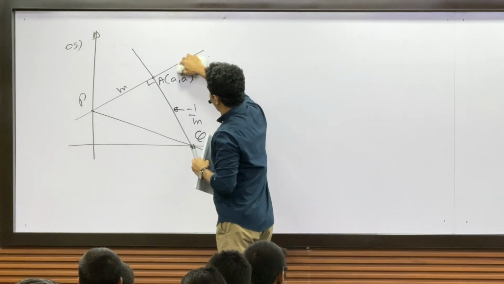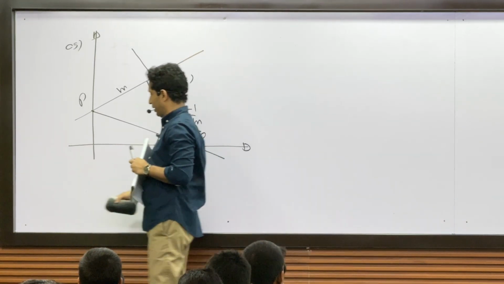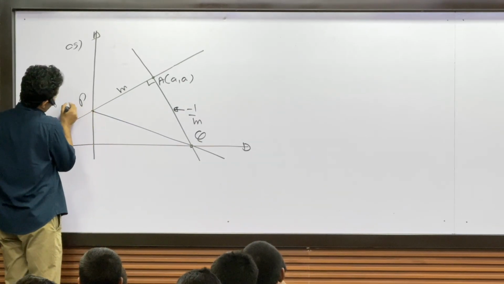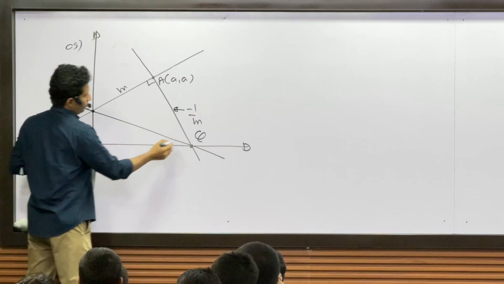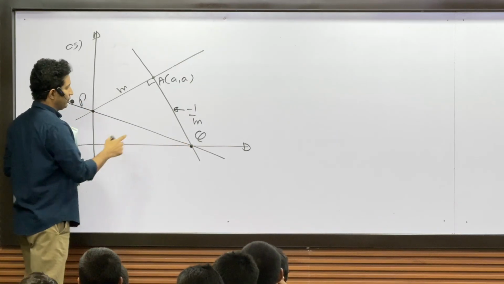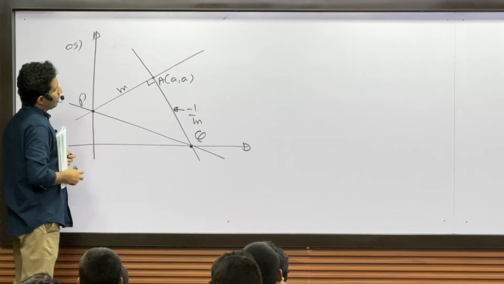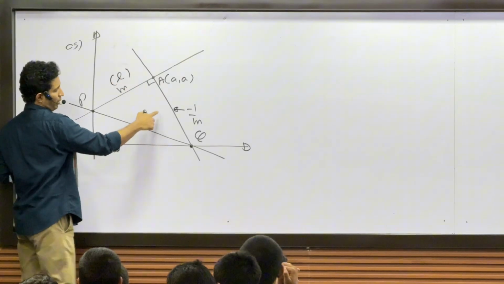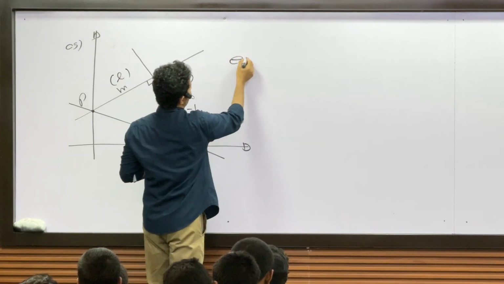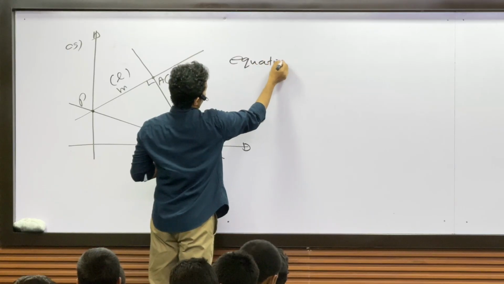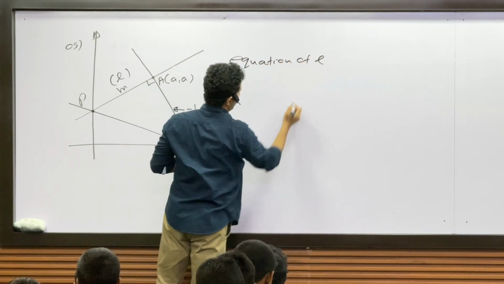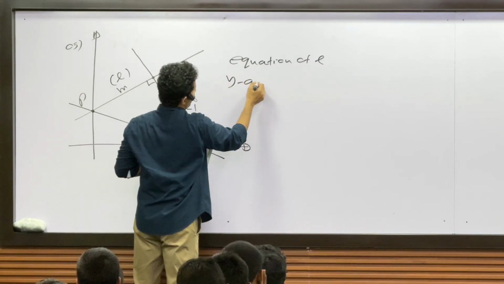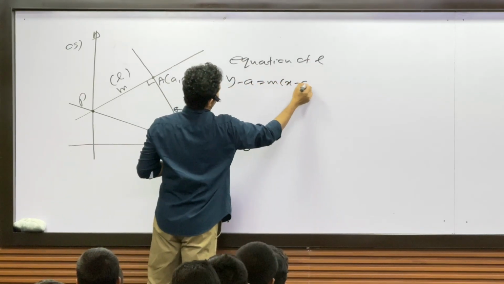Now this is P and this is Q. See, this is (a, a). You can find the equation of L actually. When finding the equation of L, straight away you can say y minus a equals m times (x minus a).